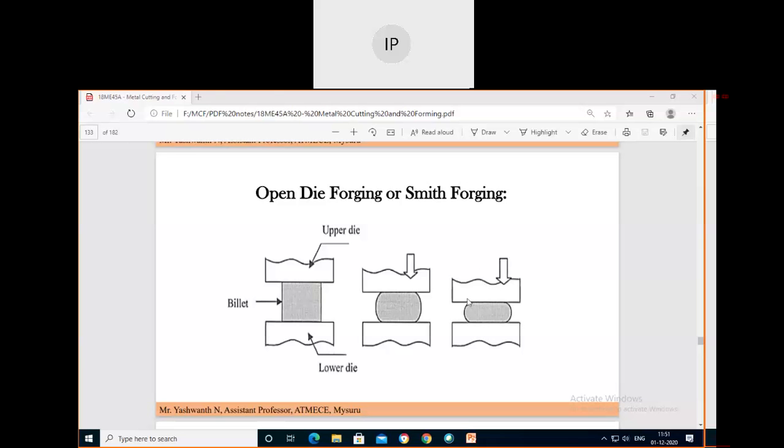The dies are usually flat in shape, but some have different shapes, that may be round, concave, or convex surfaces for specialized operations. The heated workpiece metal is placed on the bottom die, which can be called the anvil or press bed, while the top die is attached to some machines.